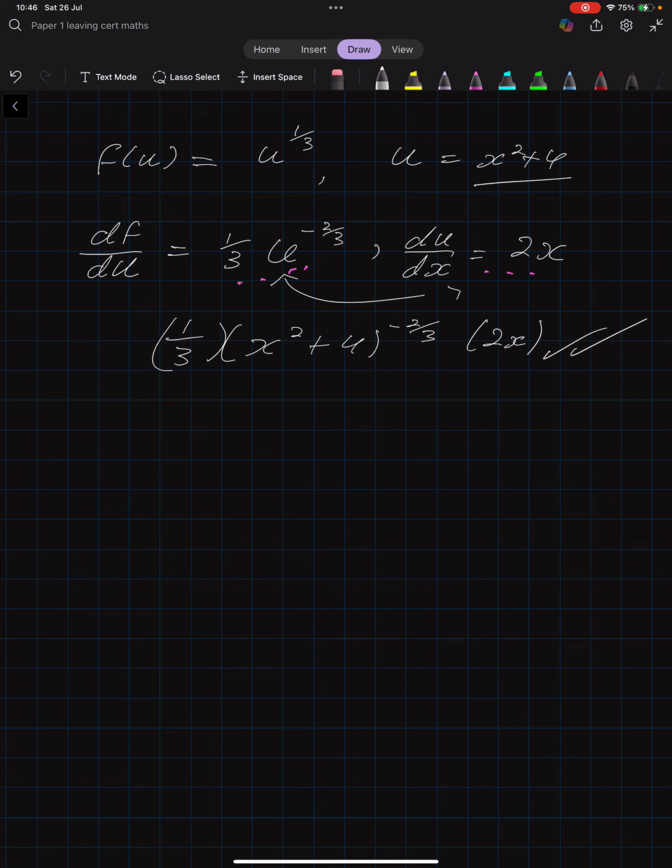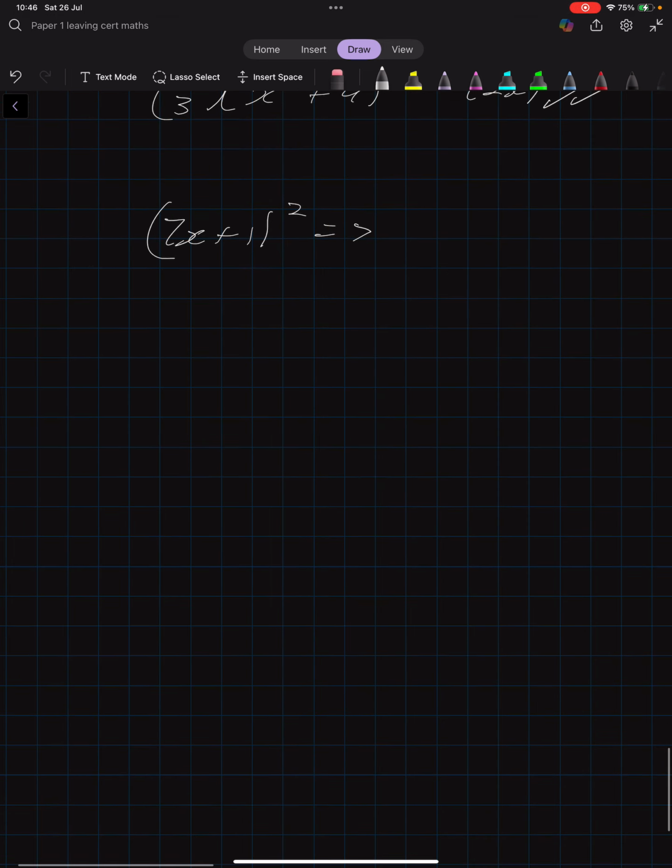So I'll do a couple of examples right now. If I want you to differentiate 7x plus 1 to the power of 2. The way that I do the chain rule in my head is I say, well, I don't know how to differentiate this, but if this was just x, how would I differentiate it?